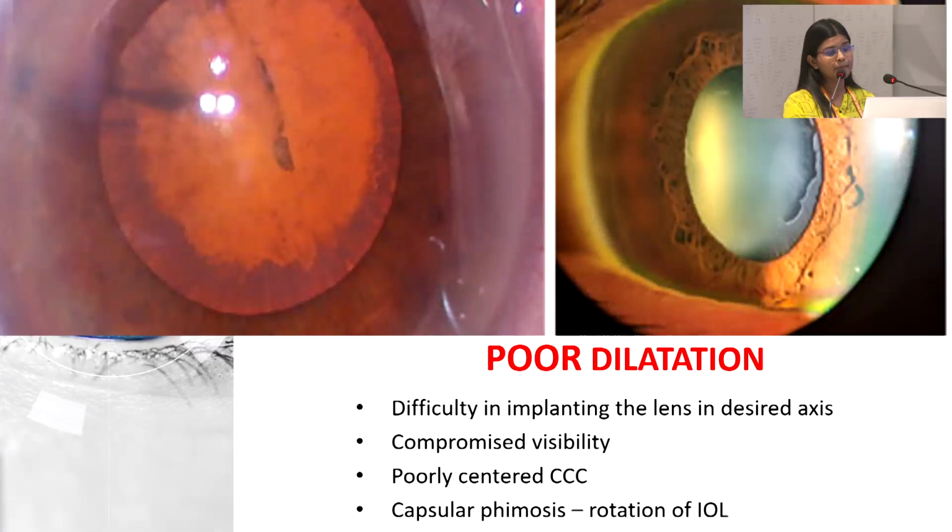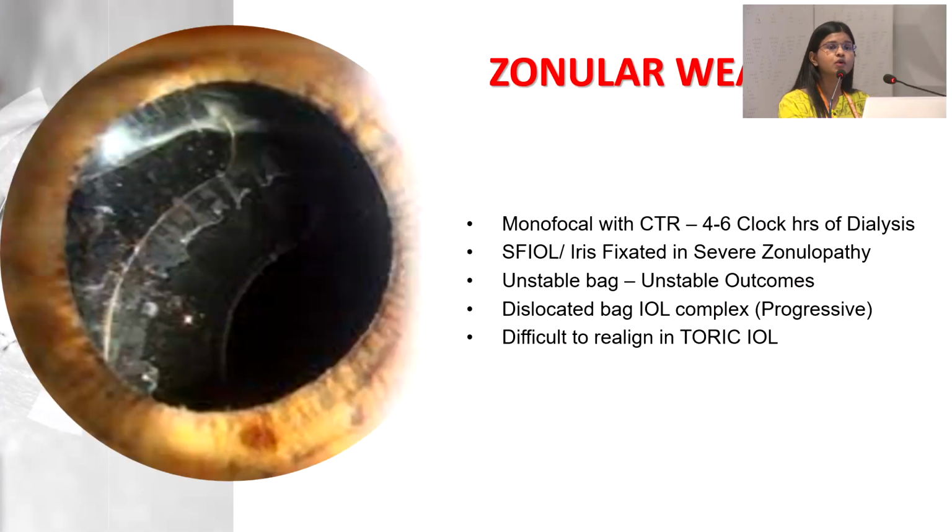all those leading to problems in the post-op. Zonular weakness: we know in PEX, the weakness is progressive. At the time of surgery, there might not be any weakness, but if there is even a small dialysis, we can go ahead with monofocal, and monofocal with CTR, but a toric with CTR is not possible.